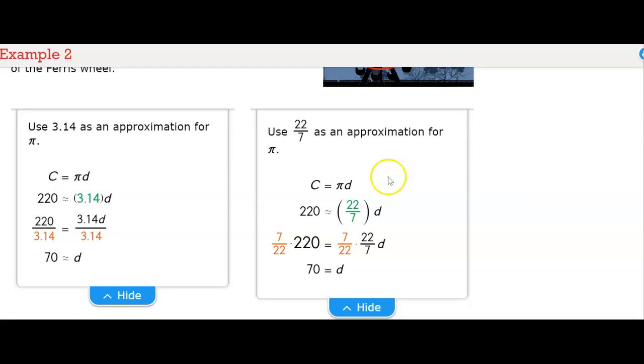So you would take the fraction and multiply it by d, but we have to again divide, which is the inverse of multiplying. And so when we divide, we use the reciprocal of that fraction. So we have 7 over 22 times 220, and you still get 70 as approximately the answer for diameter.